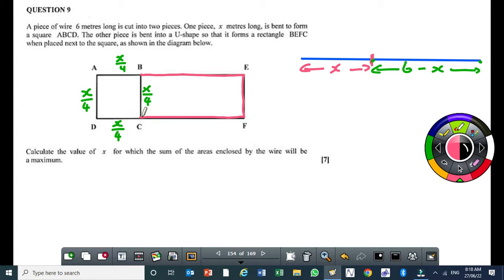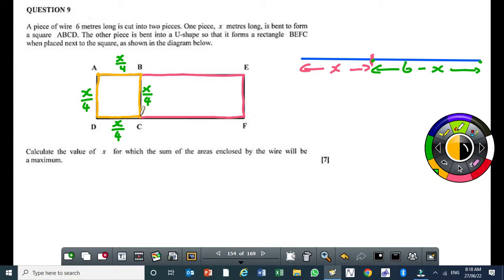So we have our square, then the other piece is used to form a U shape so that it forms a rectangle. So when you take the U shape, you fit it here. Right? You end up forming a what? A rectangle. The rectangle is going to be BEFC, placed next to the square. It's shown in the diagram. So that's what you got.